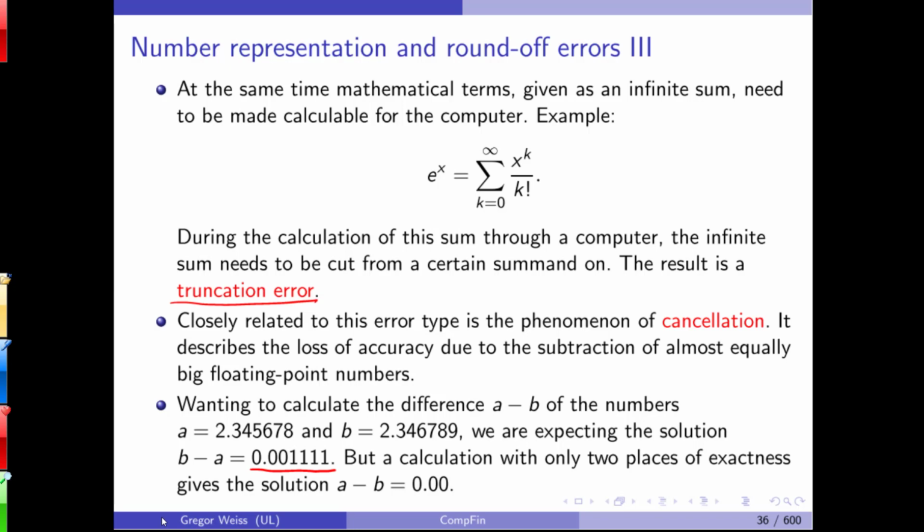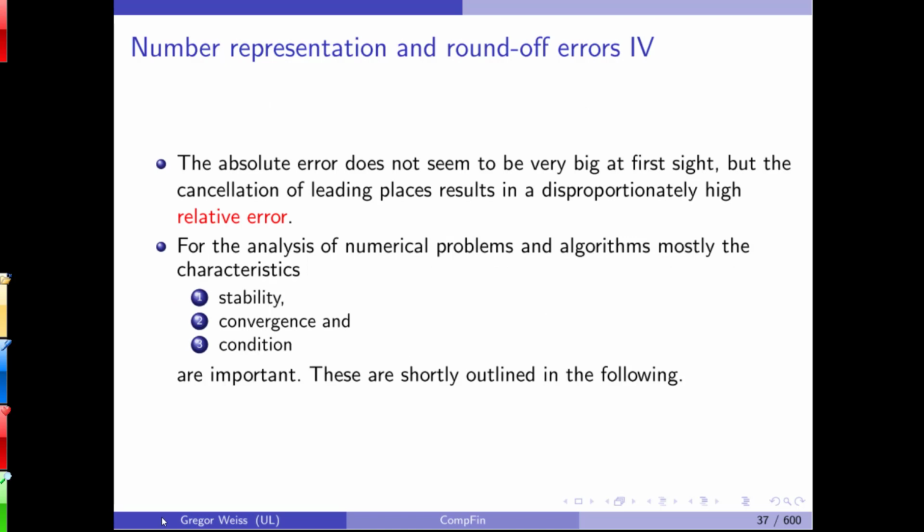Well, they do not. They differ at the 5th or 6th decimal. And if you only have 2 decimals of exactness and precision, this error will not pop up. That's cancellation.